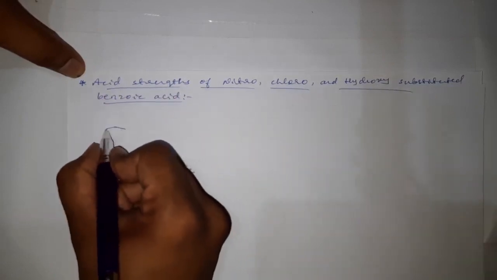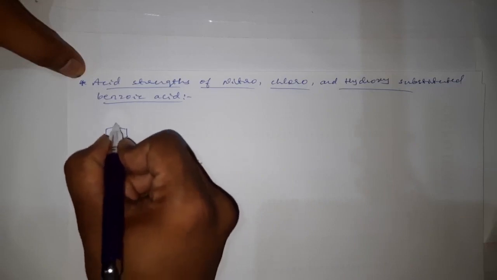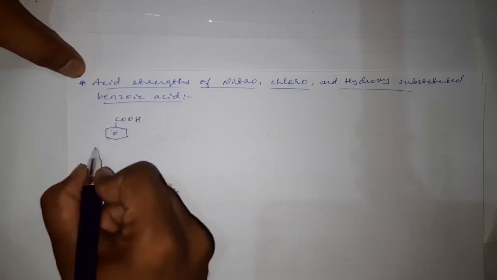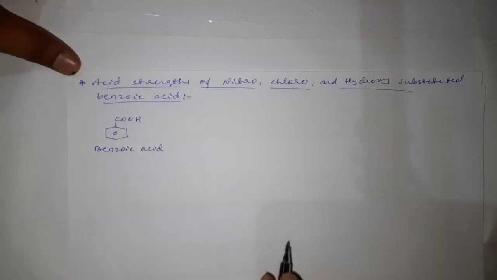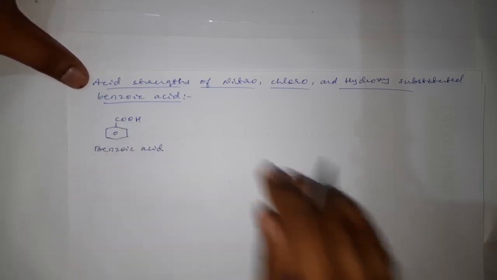We know the formula for benzoic acid is this one, correct? This is what? Benzoic acid, and here the substituent is C6H5.